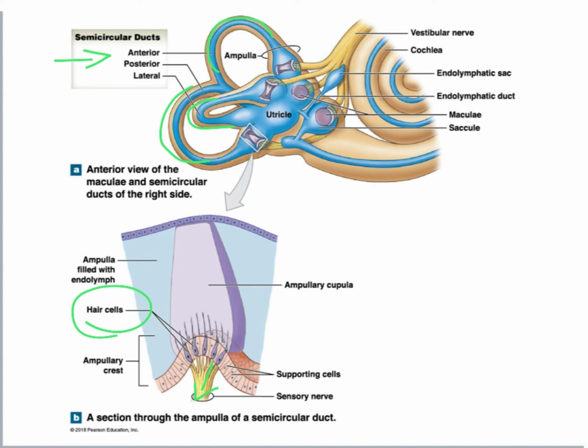Because while the endolymph keeps flowing, it keeps bending the hair cells, and that leads to generation of action potentials that inform our brain that we are still spinning. So we just stop feeling that we are moving when the endolymph inside our semicircular ducts stops moving.